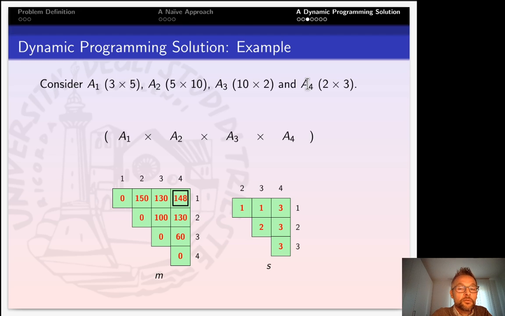Why did we decide to go in that direction instead of the other one? Well, it's up to you.